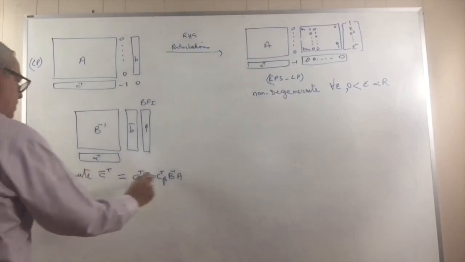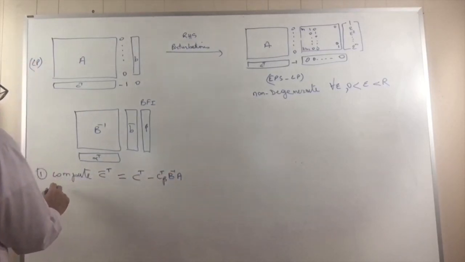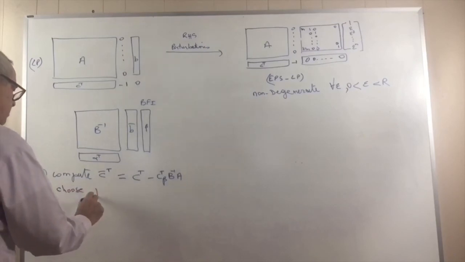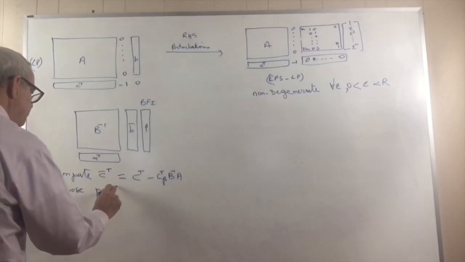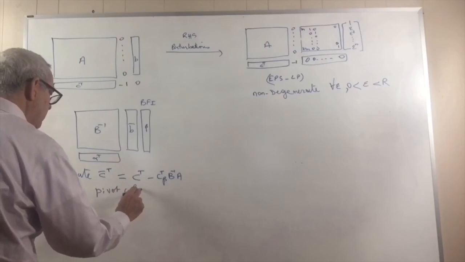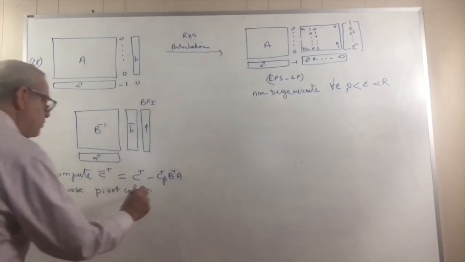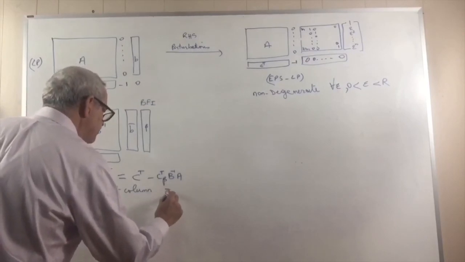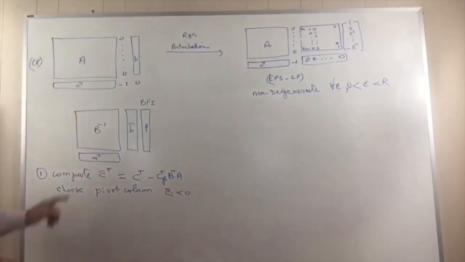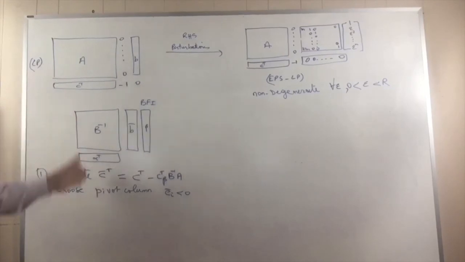So we update the objective vector, and now we choose the pivot column. We look for C bar of I negative, so we choose an element that's negative. That determines the pivot column.